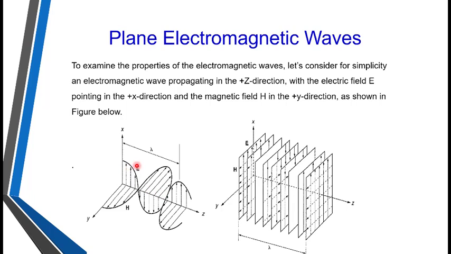Now here in the first figure, the electric field is pointing towards the x direction and the magnetic field towards the y direction. The wave is moving towards the z direction. Okay, so if you take the perpendicular slices of this kind of wave, then we will get similar kind of fields, E field and H field. Their values will remain similar as before.